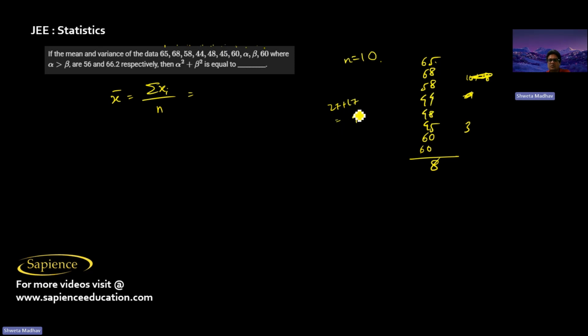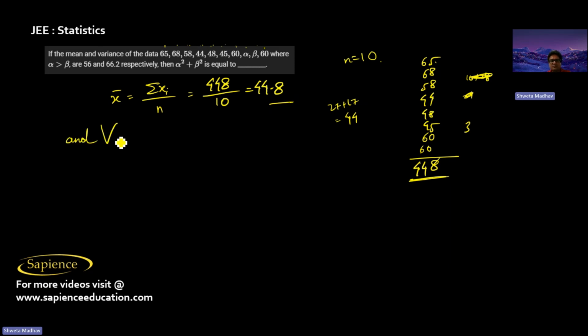So this is 4, 14, 44. This is 44, 448. This is 448 divided by 10. So this is 44.8. So the mean value is 44.8.